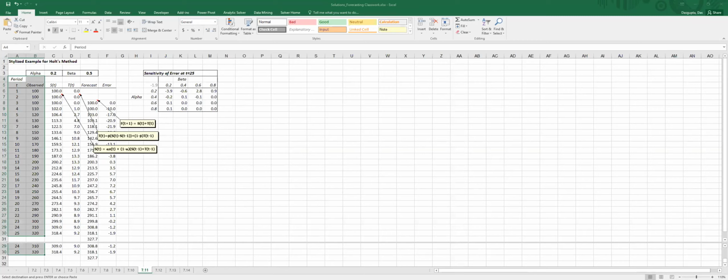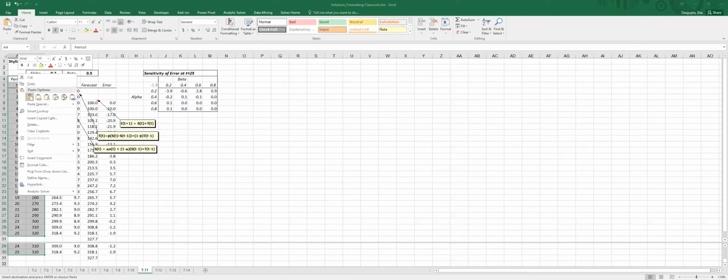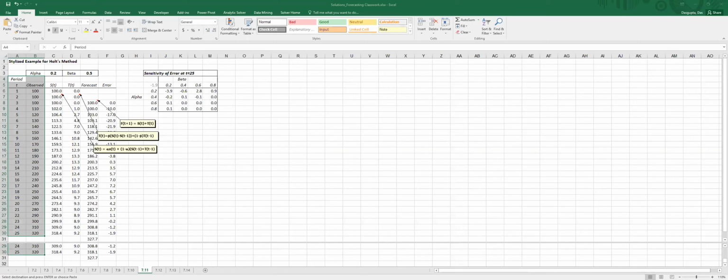Actually, I will paste here. And then save this. And then I will go to session, file, updated with Holt's example.